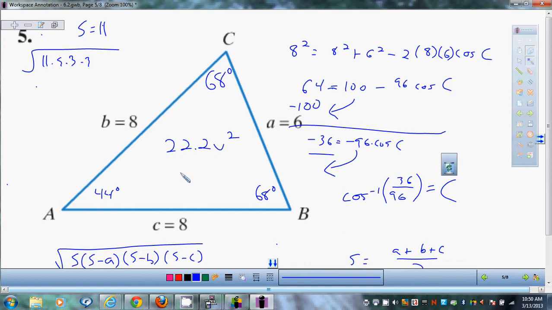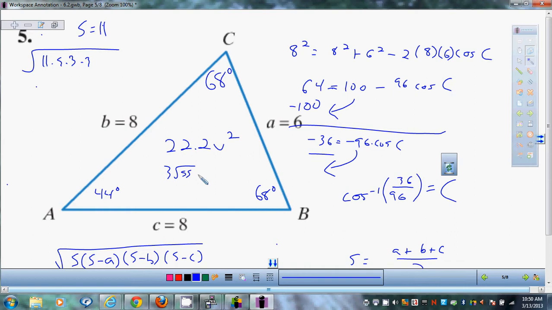So I guess you could leave that as 3 radical 55. It's up to you, because even on a test, let's say it is in radical form, but you found it as a decimal, just punch in all the radical answers and see which one equals your decimal. So it's up to you. I've always thought area, more than anything, should just be looked at as a decimal. But that's just me.